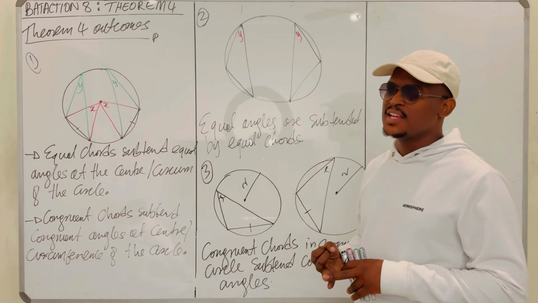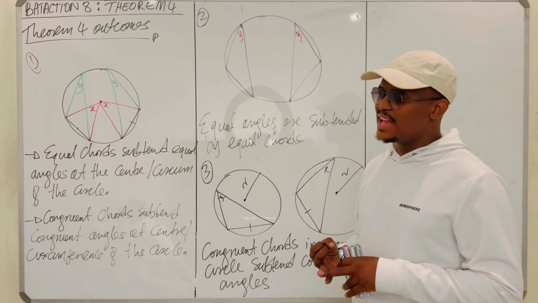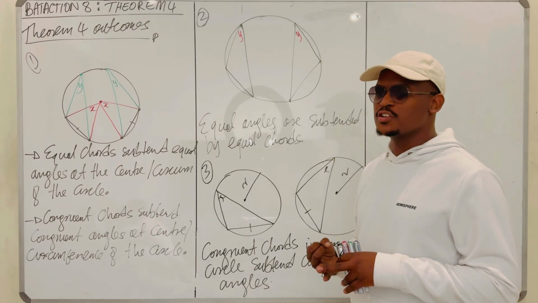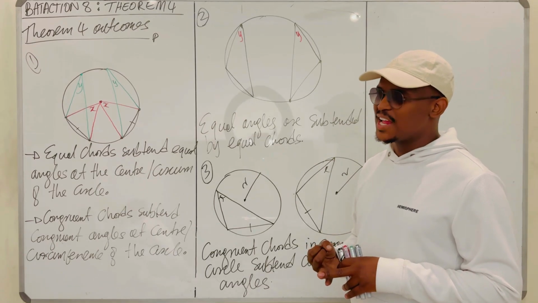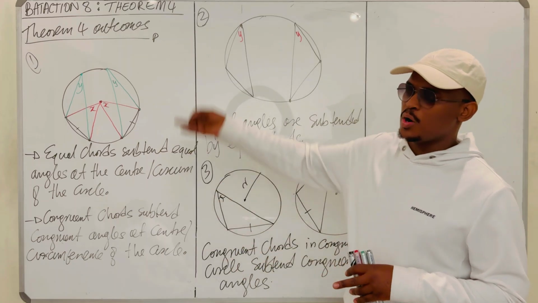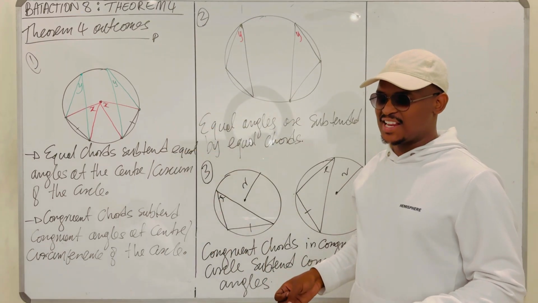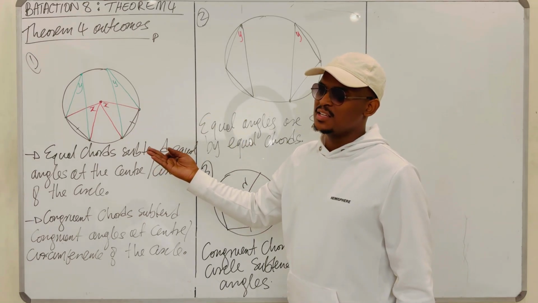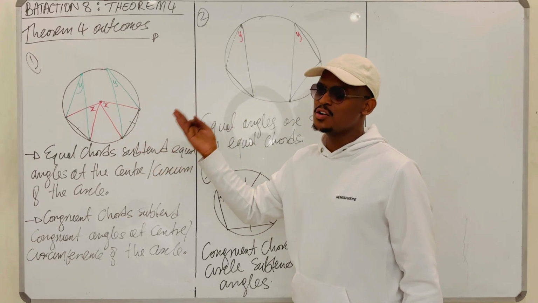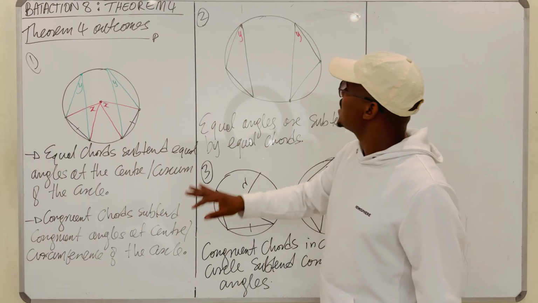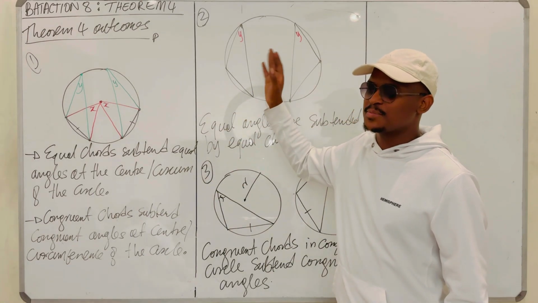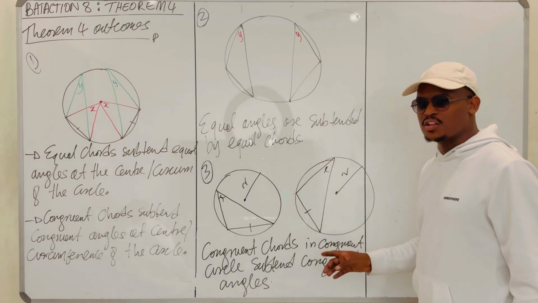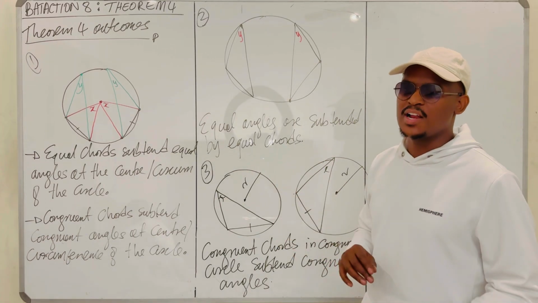Theorem 4b, if two points or n points of a line segment subtend equal angles on the same side, they will all be concyclic. Are you with me? And then I said that equal chords subtend equal angles at the circumference or center of a circle. And then I said that equal angles are subtended by equal chords. Here I'm saying now congruent chords in congruent circles subtend congruent angles.